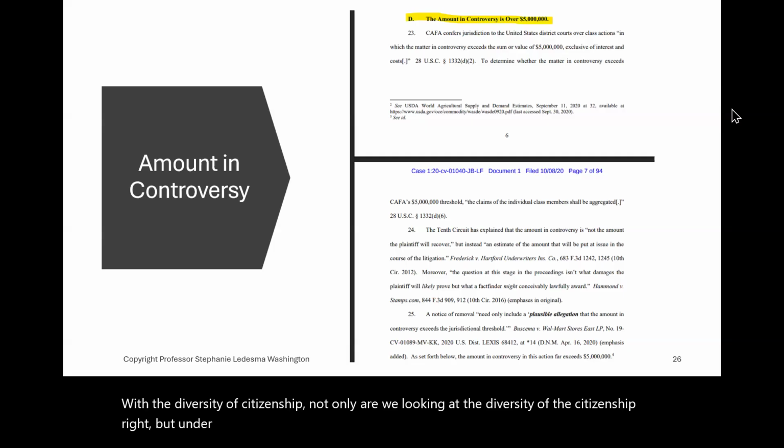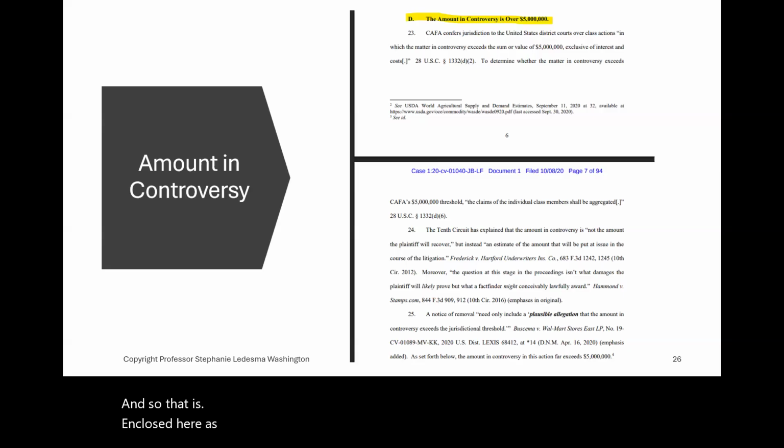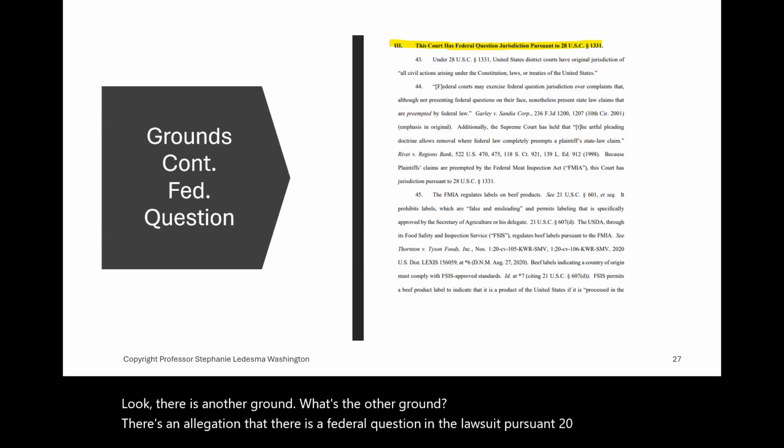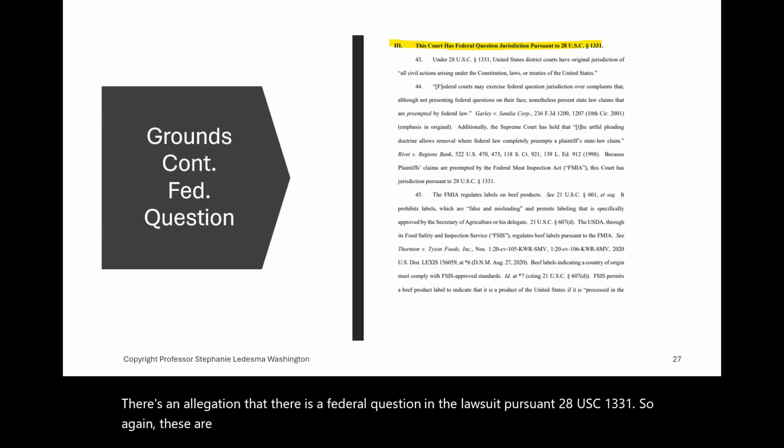And so that is enclosed here as well. Well, let's keep going. Oh, look, there is another ground. What's the other ground? There's an allegation that there is a federal question in the lawsuit pursuant to 28 U.S.C. 1331. So again, these are just examples of what 1446(a) says the procedure is.